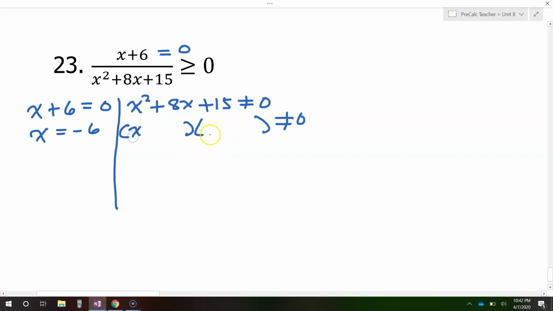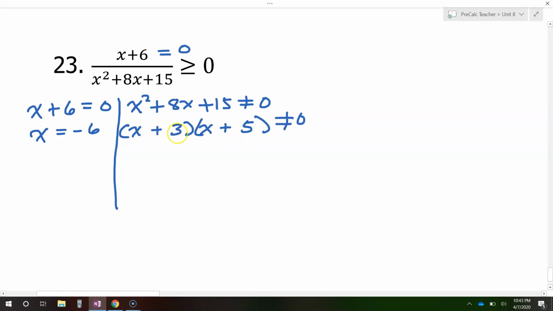So x squared factors as x times x. 15 will probably factor as 3 times 5. It could be 15 times 1, but I see the 8 right here. So this is going to factor as x plus 3 times x plus 5.